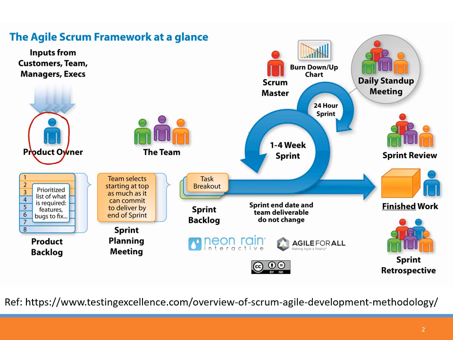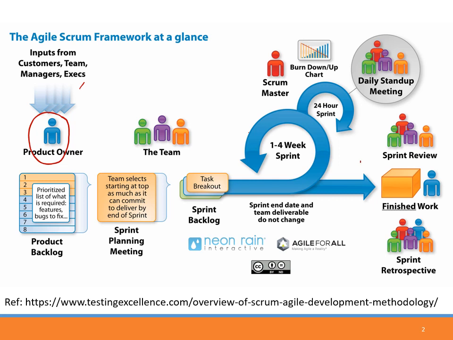But the product owner is basically responsible for the success of the project in the way that he or she will get inputs from the customers, from the teams, from the manager, from the executive. Actually, he is, of course, communicating with the team by involving and coordinating with other stakeholders external to the team.